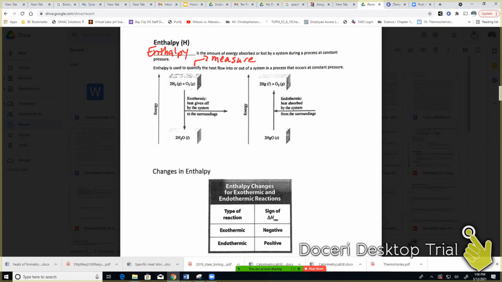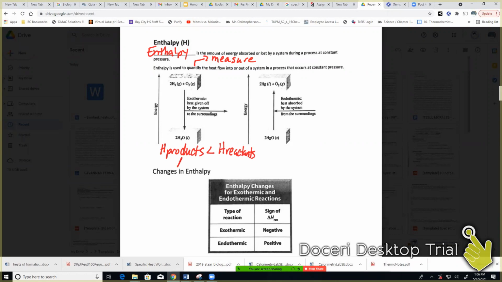So if we look at endothermic versus exothermic, whether we're talking about reactions or phase changes, exothermic is when energy is given off by the system in the form of heat. It's given off to the surroundings. And so if the energy is given off, the enthalpy of your products is going to be less than the enthalpy of your reactants, because some energy has been given off.